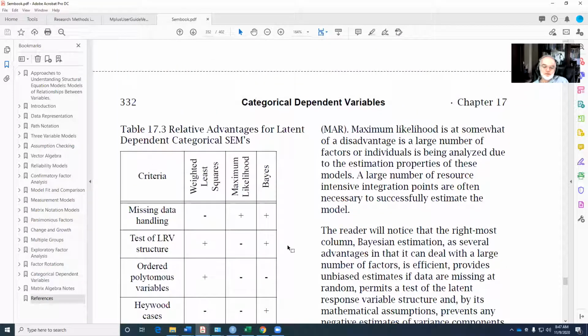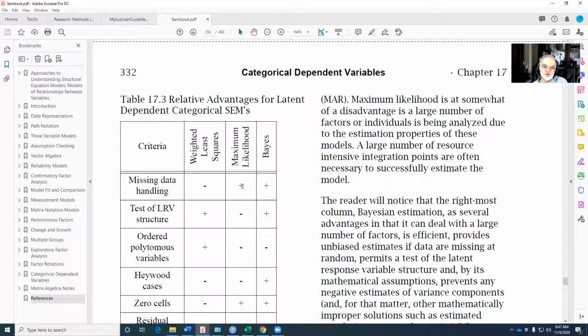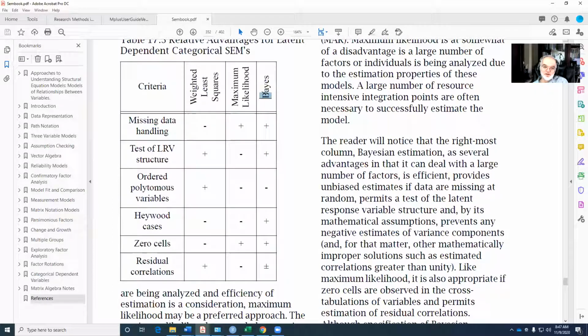So, as I wrote this past summer, I kept thinking I'm going to put my best foot forward in giving you the answers. At the top of the chapter, I talked about WLSMV being fairly good and maximum likelihood also being pretty good. Bayesian analysis is itself probably its own class.